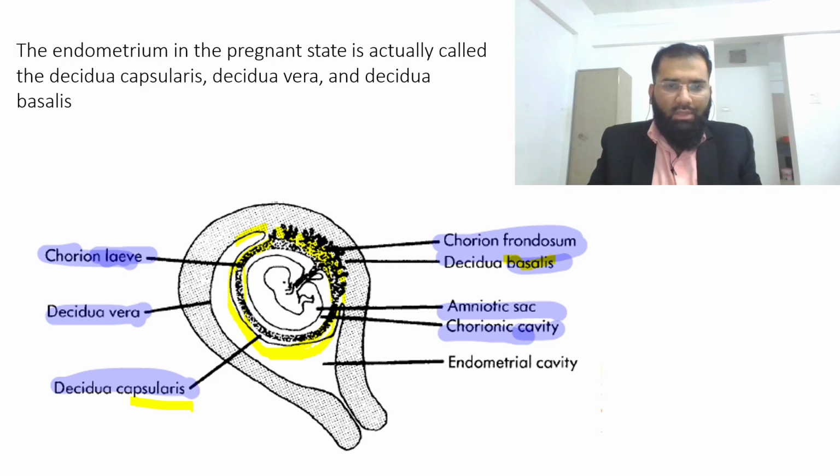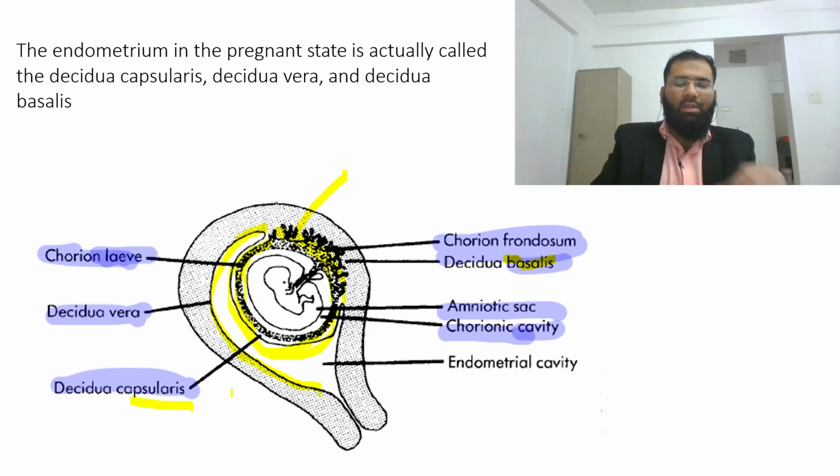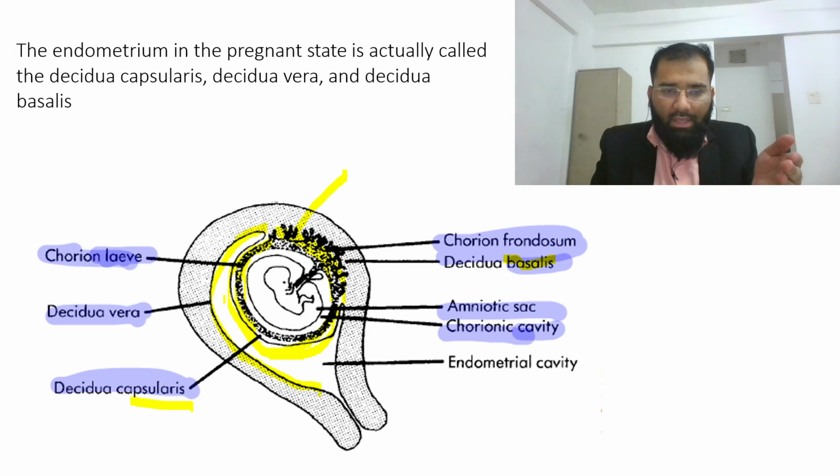So the one which is here is called decidua basalis. The one which is here is decidua capsularis, and the remaining this layer, this is called decidua vera, also called decidua parietalis. So it means that there are two decidual layers. One is this and one is this.